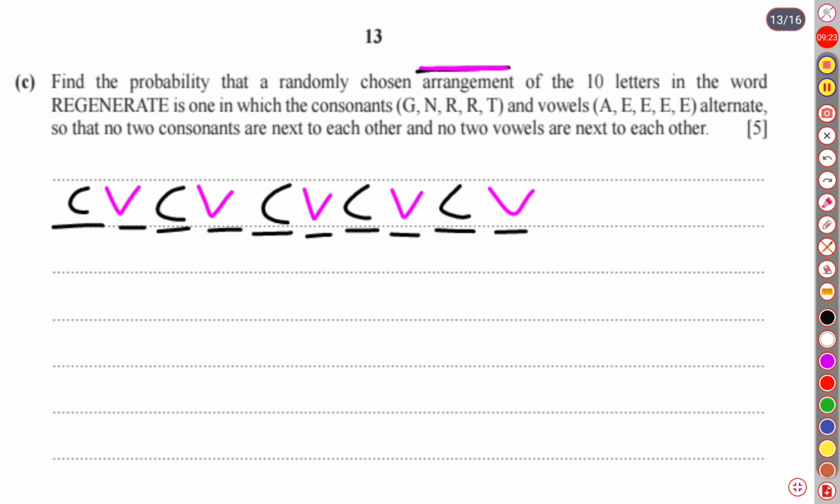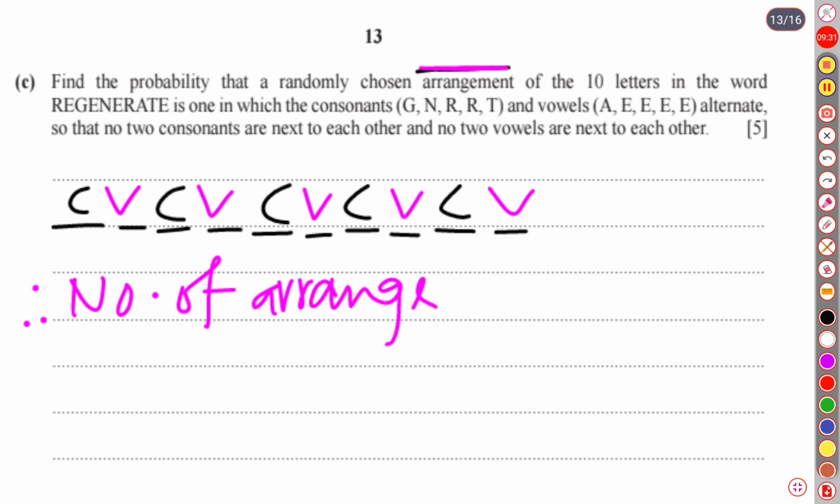So we can write number of arrangements, and we know that number of arrangements is done applying the concept of permutations, equal to. Okay, so there are 5 vowels. For 5 vowels it will be 5P5, means 5 factorial. Then among these 5 vowels, look at this, there are 4 Es.